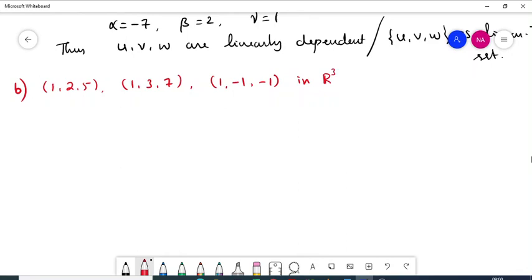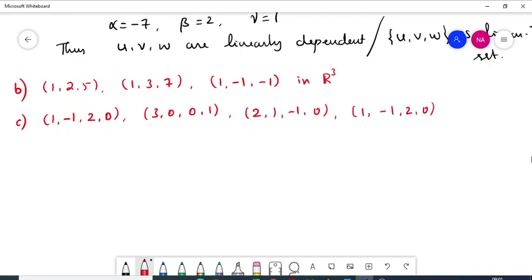Similarly, C: 1 minus 1 2 0, 3 0 0 1, 2 1 minus 1 0, 1 minus 1 2 0 in R power 4.